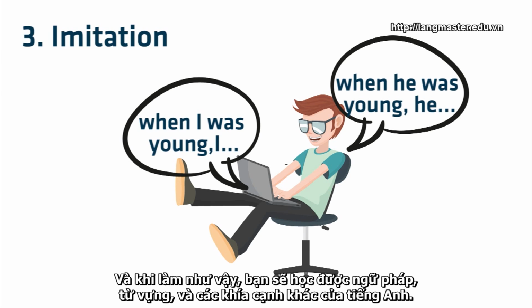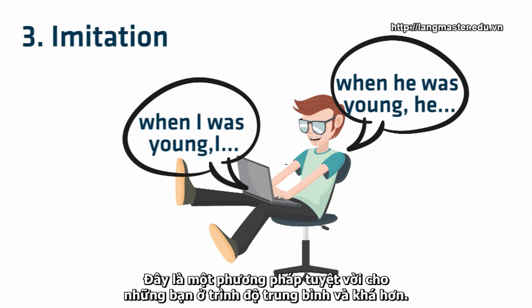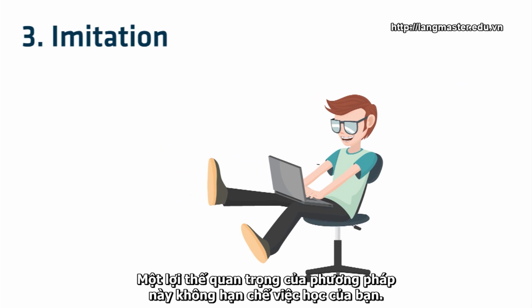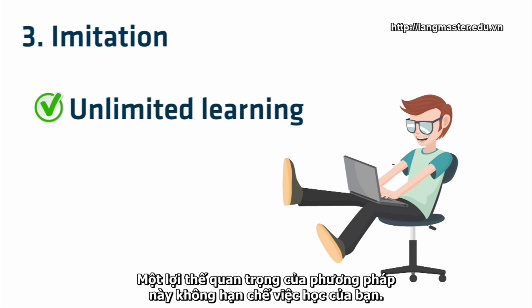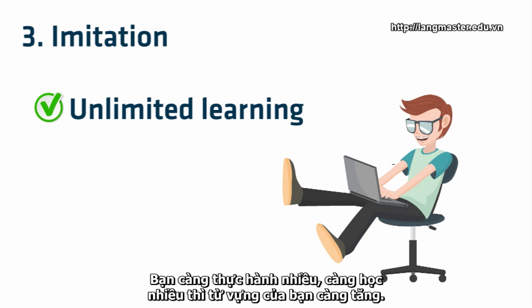And by doing so, you get to learn grammar, vocabulary, and other aspects of English. This is a great method for intermediate and advanced speakers. A key advantage of this method is that there are virtually no limits to how much you can learn. The more you practice, the more you learn, and the larger your vocabulary.